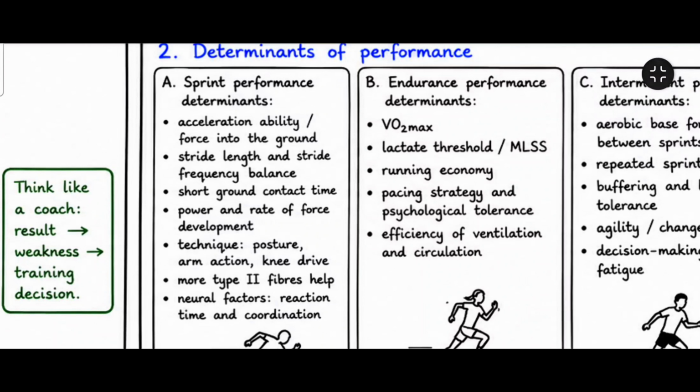So the technique when it comes to your posture, your knee drive, the arm action, muscle fiber profile. Having more type 2 muscle fibers are obviously going to help, and neural factors as well, like coordination and reaction time.